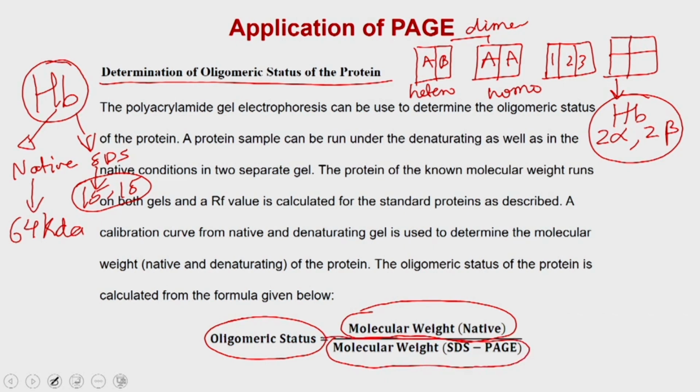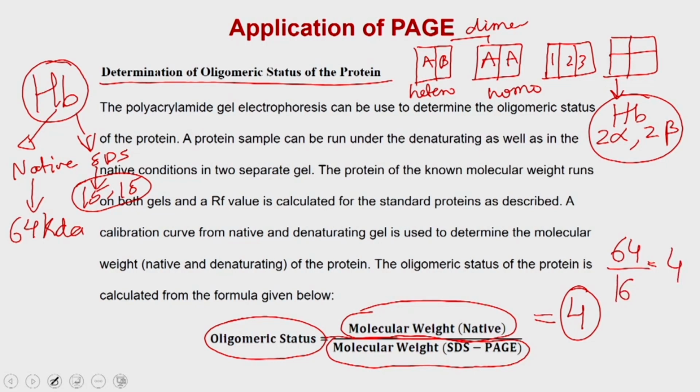So, if I divide this number by 15, what I will get is 4, which means 64 divided by 16 is going to give me 4.